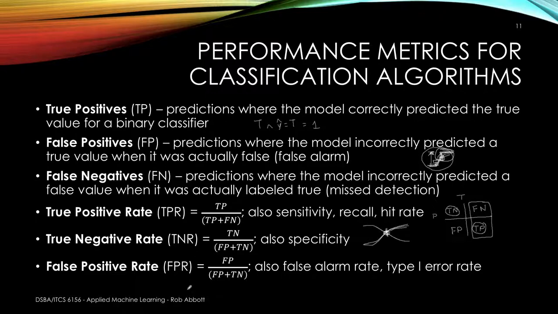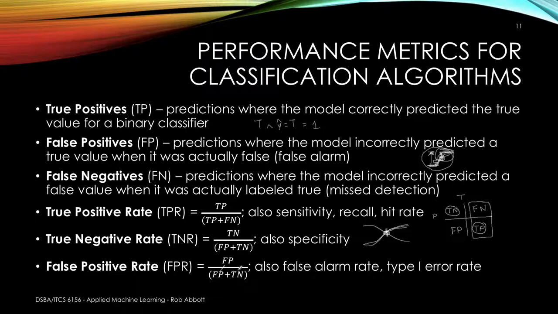False positive rate is just what you think it is. It's the number of false positives predicted by the model divided by the sum of false positives and true negatives. So these are my false alarms. If I'm predicting false positives and it's always a false positive and never a true negative, basically I've got a 100% false alarm rate.